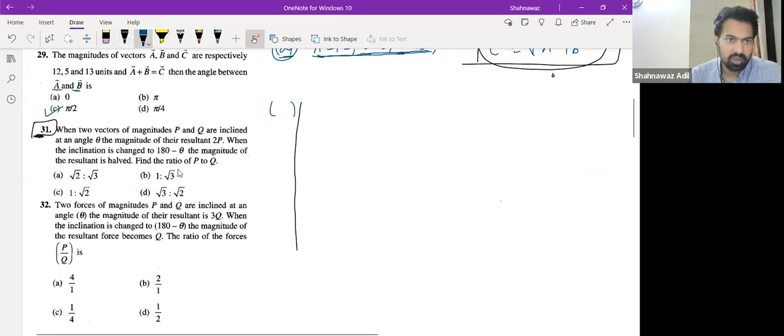So when two vectors of magnitude P and Q are inclined at angle theta, the magnitude of their resultant is 2P.